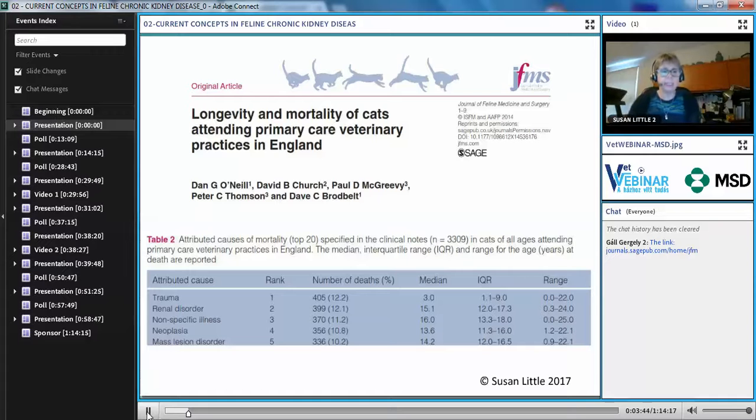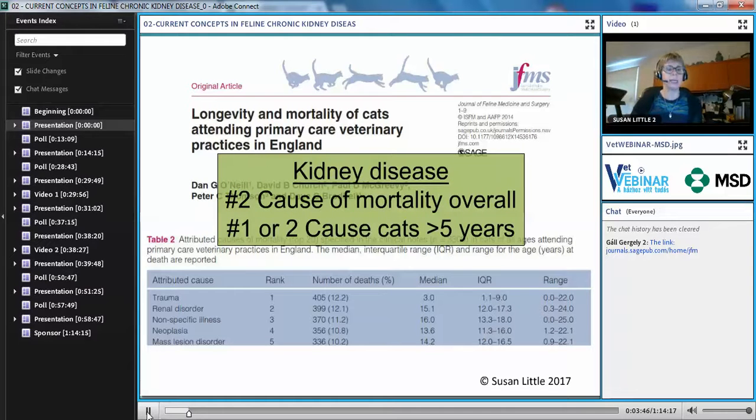And you can see that the number 2 cause in that table says renal disorder. So as it turns out, if we look at the data for these cats, and there's over 4,000 cats in this database, for overall cause of mortality, no matter what age of cat, kidney disease of some kind was the number 2 cause of mortality.